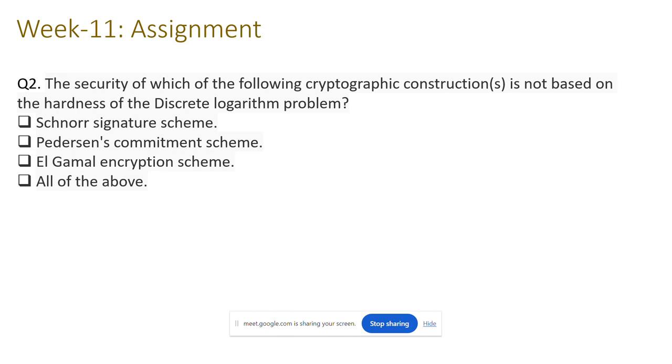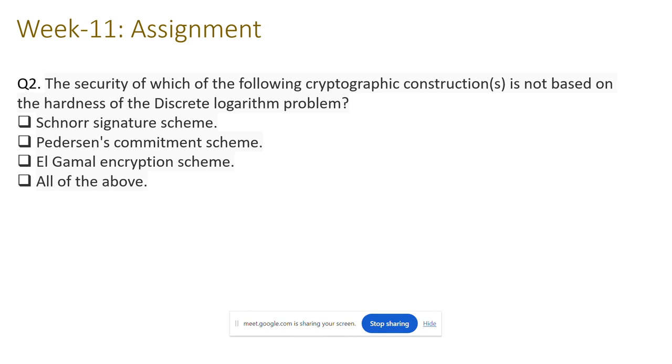Elgamal is the one where discrete log need not necessarily be hard. In the case of the Elgamal encryption scheme, we assume that the DDH assumption holds true.